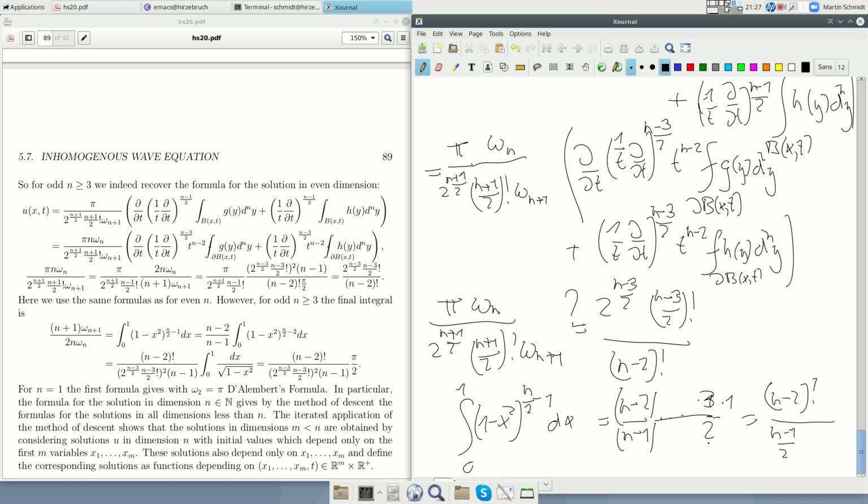In the bottom we have one factor more, so we have n minus 2 faculty.